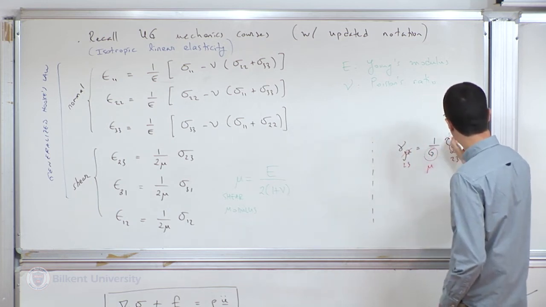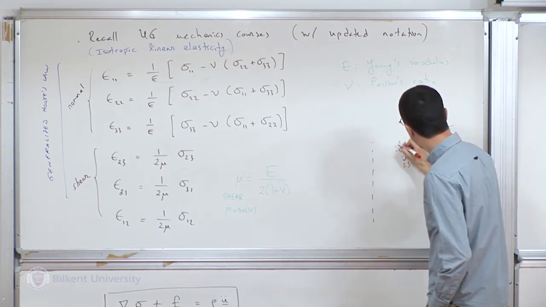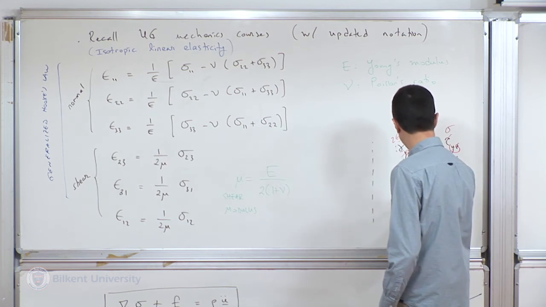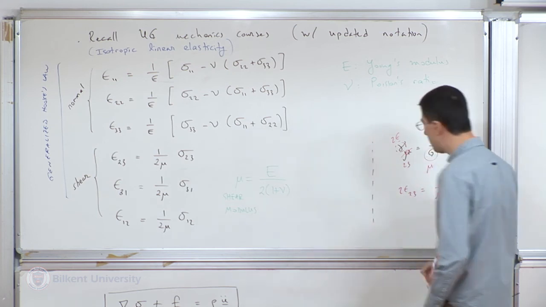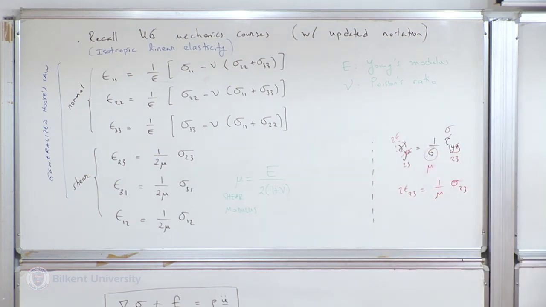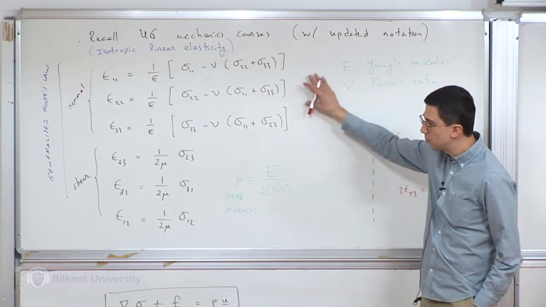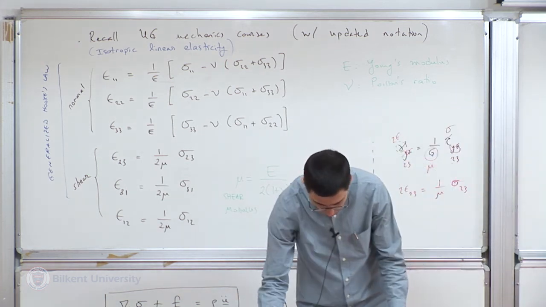And instead of tau, I'm writing directly sigma 2,3. And instead of gamma, we are using 2 epsilon. Okay, so we have 2 epsilon 2,3 equals 1 over mu sigma 2,3. And dividing through by 2, I obtain the equation that I have at the top for the shear component. Right? It's just a change of notation. But this is the way that we're going to employ the equations. And this, of course, you've learned before, and that's something you have to remember.